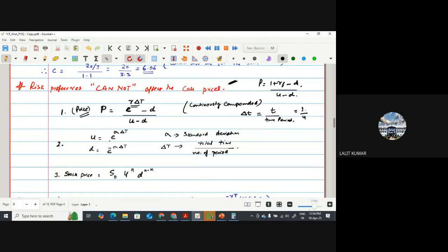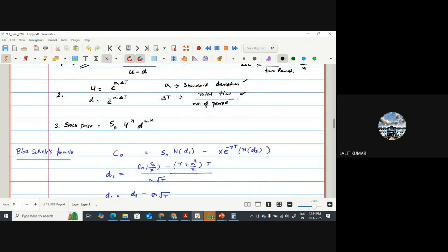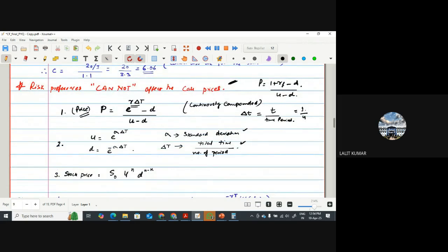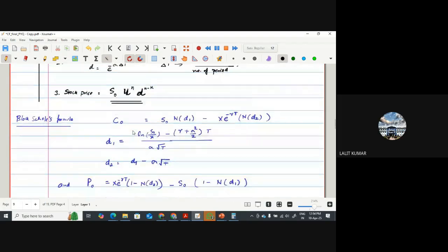The second formula is for U and D. U is e to the power sigma root delta T, where sigma is the standard deviation, and D is e to the power minus sigma root delta T. So delta T remains the same, and this is the standard deviation. And the third process is for the stock price: the payoff will be S0 into U to the power N into D to the power N minus K. What is N here?